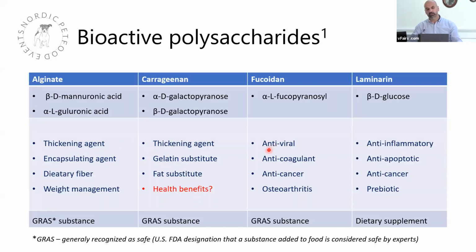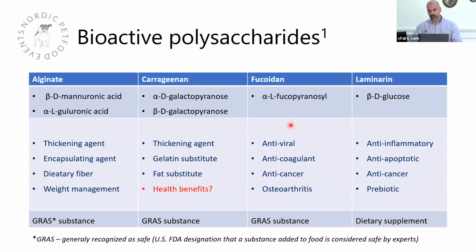Fucoidins consist of fucopyranosyl units, and can be used for antiviral, anticoagulant, anti-cancer purposes, and osteoarthritis. It's also a GRAS substance.